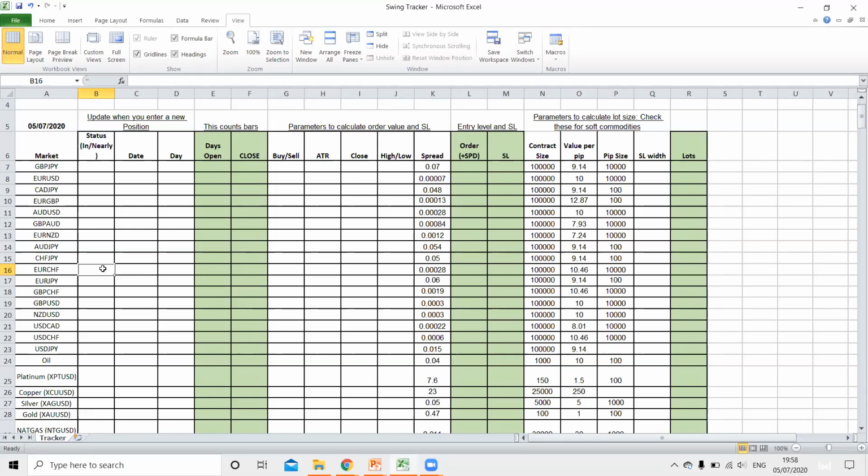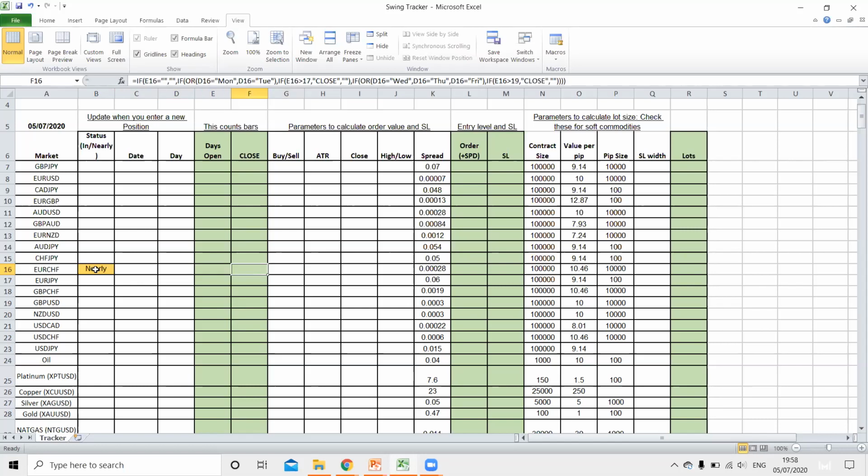This is similar to the trade tracker you might have seen at the start of the course, but this one's more customized to this swing trading system. You can develop your own for your own system, but this is the one that I use. So first of all, we can go nearly here, just to be clear. Date, I'm going to leave that for now because this is for determining when to close the trade. So I'll explain that in a minute.